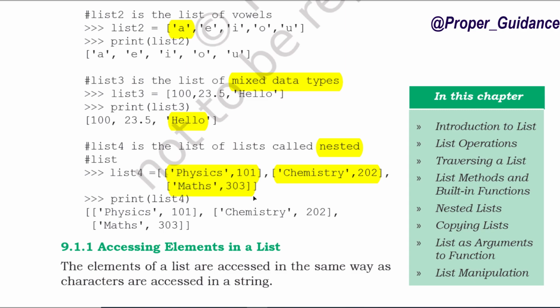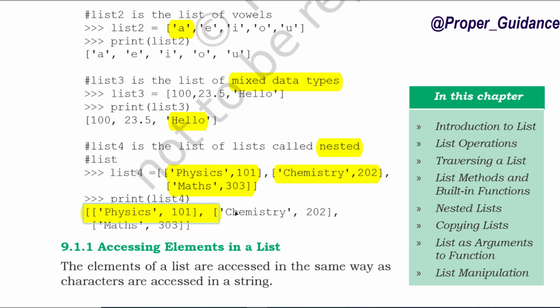All these 3 elements are separated by commas and written within square brackets, right? And all these are within a single square bracket, that is a list within a list. Actually, there are 3 lists within one list, and that is list 4. When we print list 4, we will get it like this line.